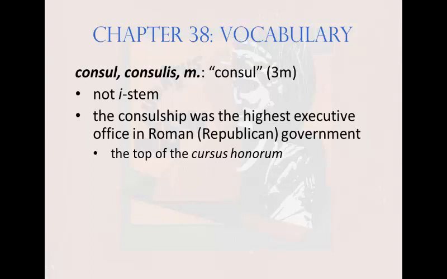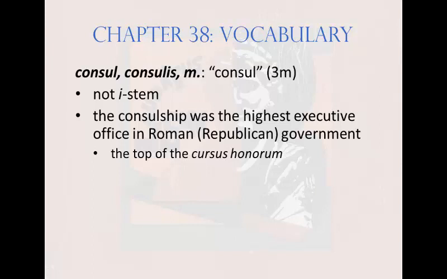It was a seat sought by many ambitious Romans until Augustus turned Rome into an empire, stripping all elected offices of any real power. Then being consul was still an honor, but an honor sine potestate.